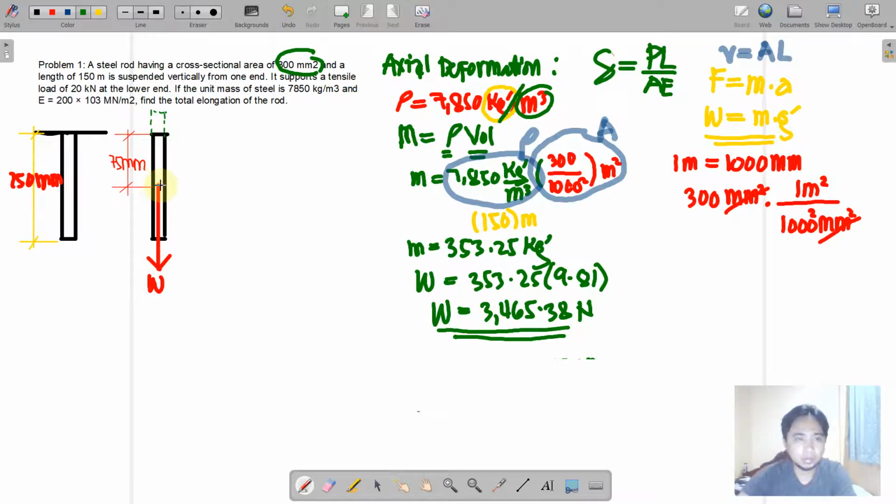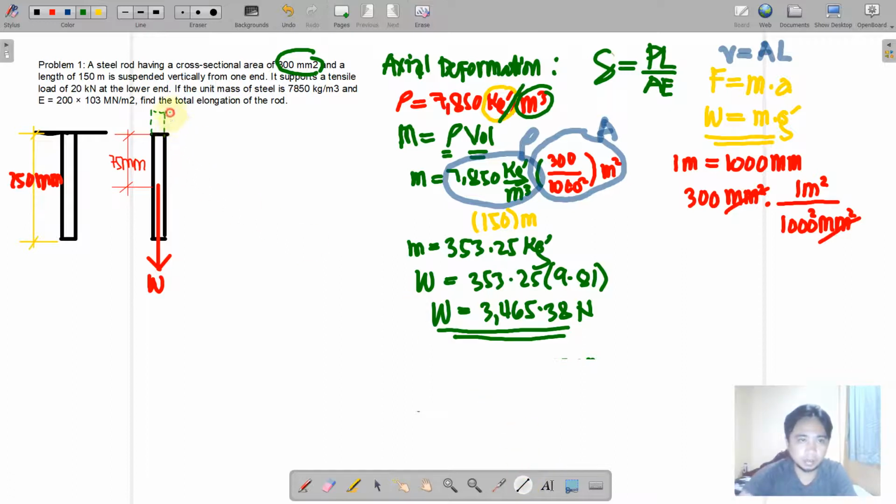So the lower portion is not subjected to stretching because again W is at the center. Only the upper portion of this rod will be subjected to stretching, and it will stretch the upper fiber of this material.